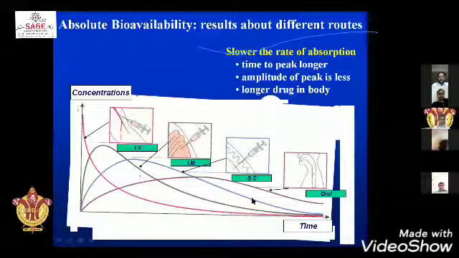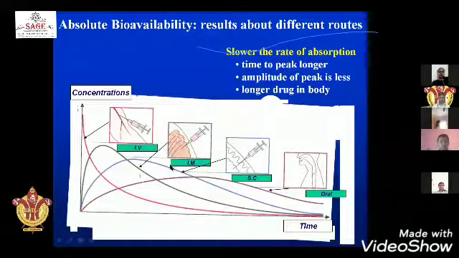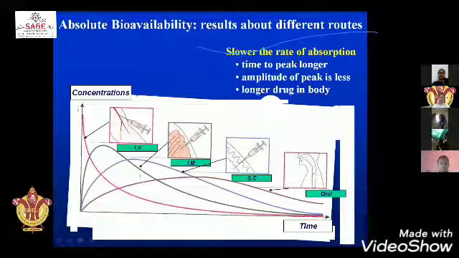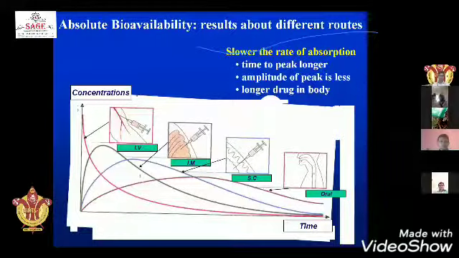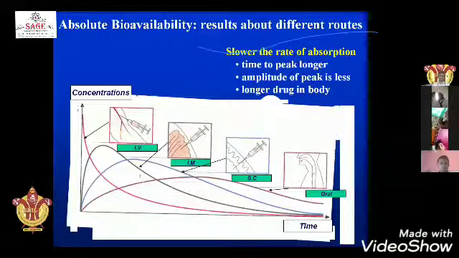Similarly, if the drug is administered through the intramuscular route, there is a slow increase in the drug concentration in the blood because of absorption of the drug from the administration site. The same is found in subcutaneous absorption.